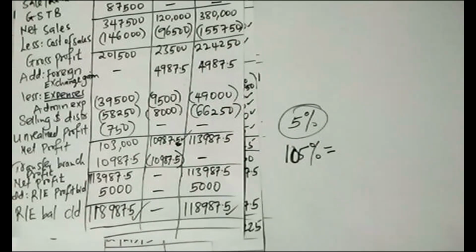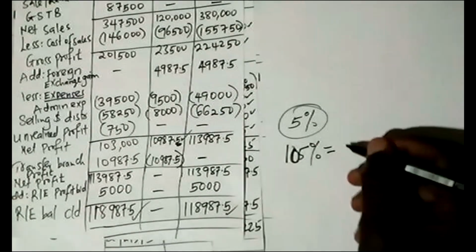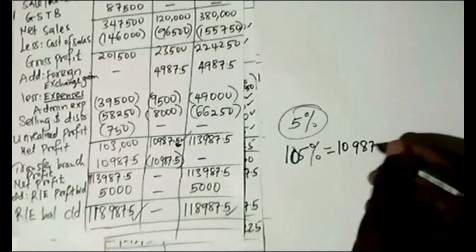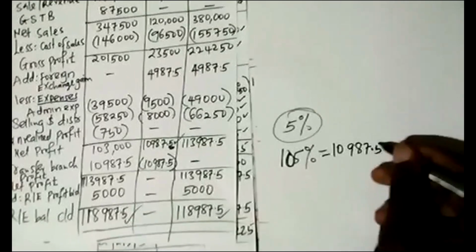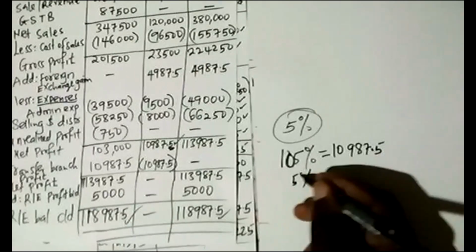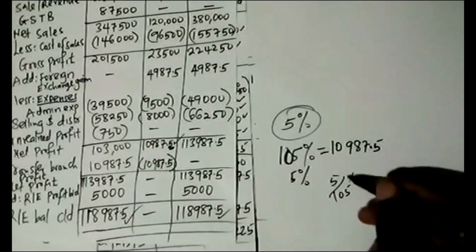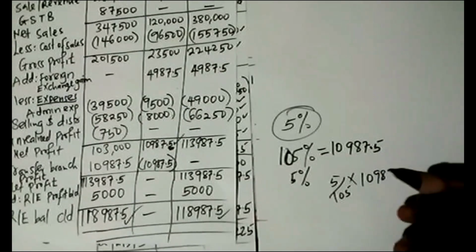So 105% is equal to 10,987.5. I'm using an example. So you need to get what is 5%. So 5 over 105 times the 10,987.5.